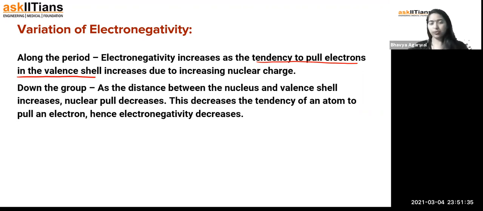So along the period, electronegativity increases because non-metals are increasing along the period. So what is the tendency of a non-metal? To pull the electrons, to gain the electrons, right? As a result, the electronegativity increases along the period, whereas it decreases down the group.